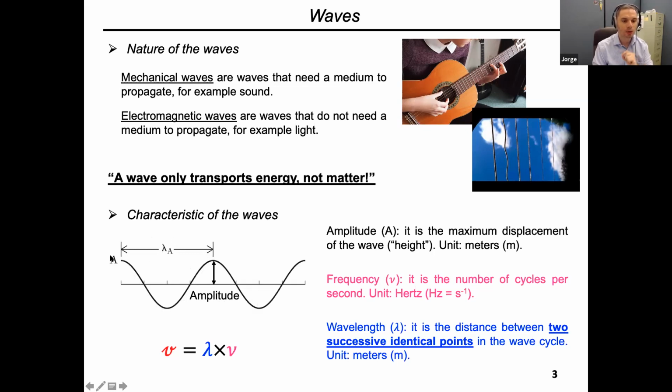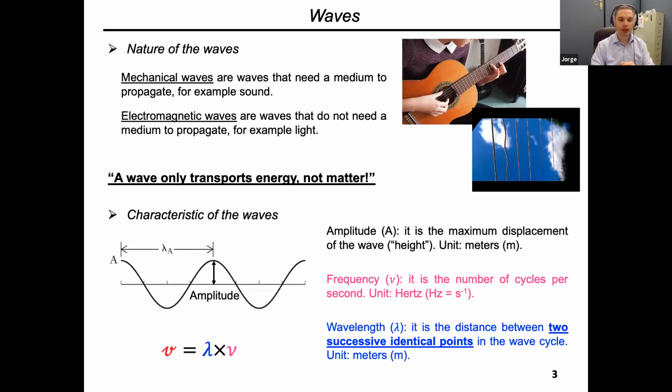Look at the wavelength as the distance that it takes to repeat. Starting here and going down, the distance that it takes for the wave to go down again, that's called wavelength.